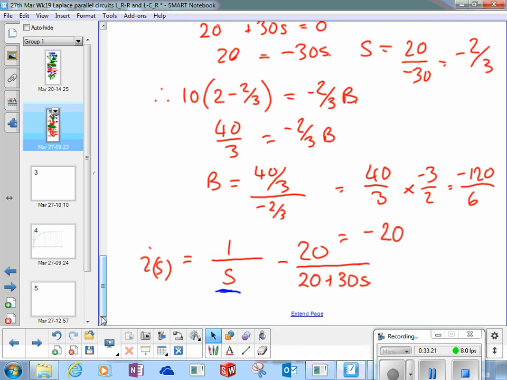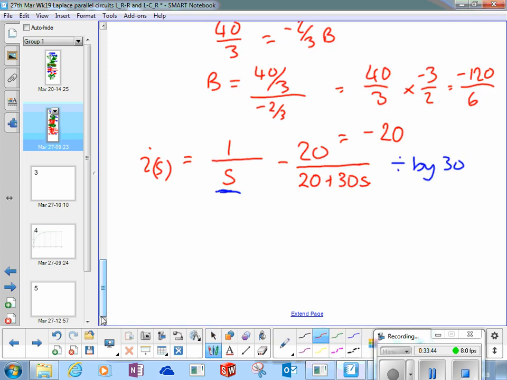What we've got to do is make this look like something in the table. Get rid of the 30. So how are we going to do that? Agreed?